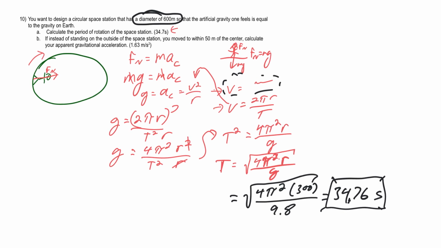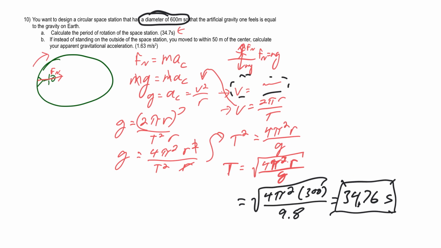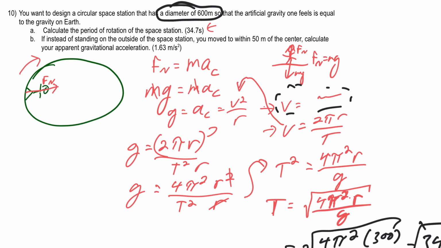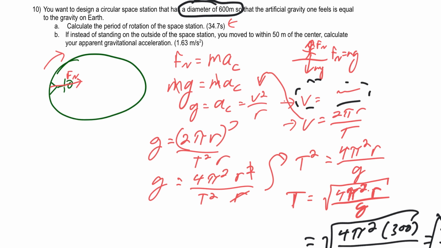What if you're on the outside of the space station, and now you're moving to within 50 meters? Conceptually, we're moving closer. Initially the diameter was 600, so we were 300 way out here. Now we're going to stand at this 50 meter mark. You have to be careful when you solve this one.